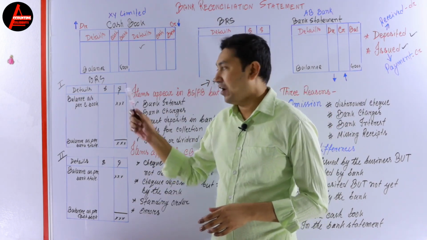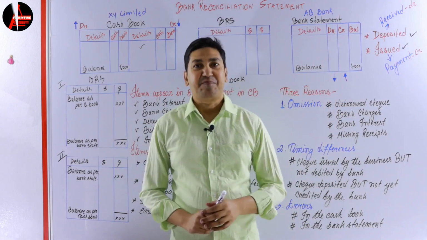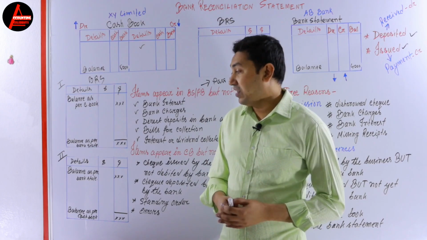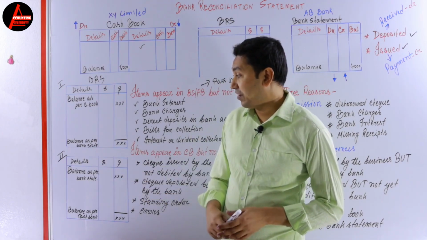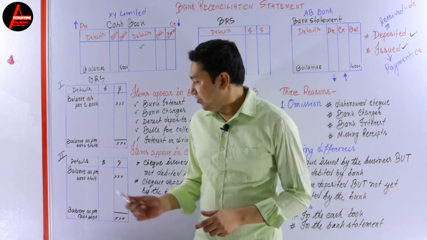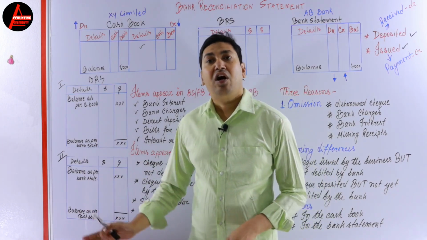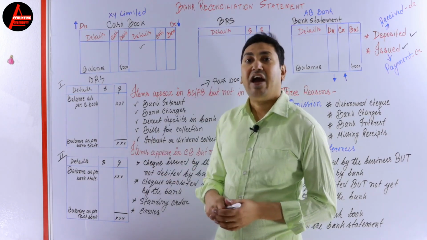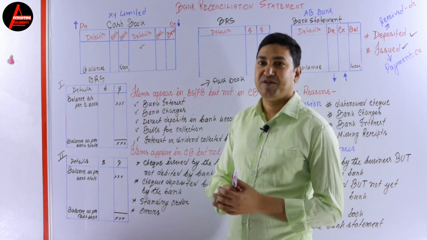Then you will arrive at the balance of the bank statement. Or if you think that no, you will start preparing this BRS with the balance of the bank statement. No problem, you can do this. You write this balance here first of all, then you record all the discrepancies. You will arrive at the balance of the cash book.